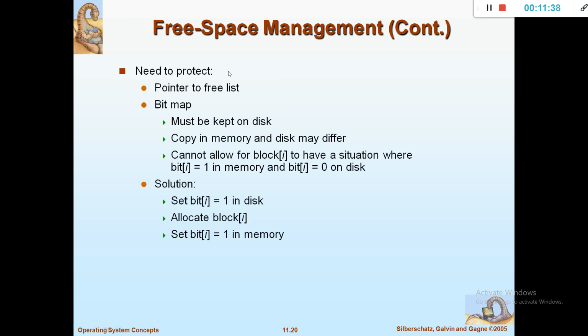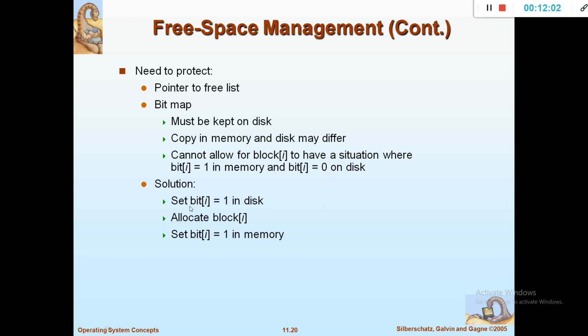For managing free space, we need protection here. How to protect? The block pointer to the free list and the bitmap must be kept on the disk. The copy in memory and on disk may differ. We cannot allow the situation for block i where bit[i] is equal to 1 in memory and bit[i] is equal to 0 on disk.